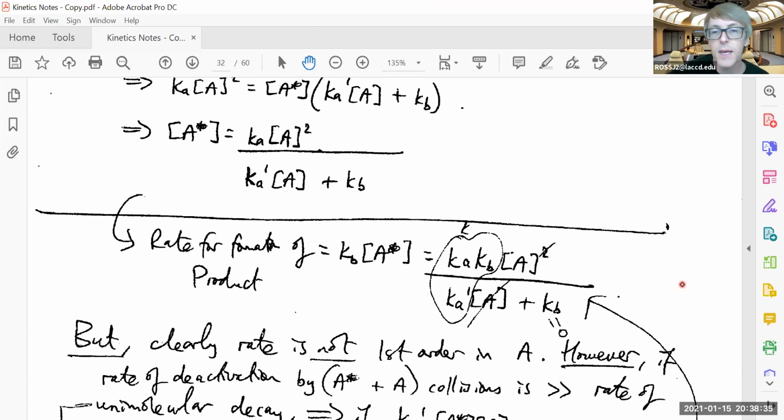The problem is we could get away with combining all of these K constants to give a brand new K. Here it's kind of squished in a bit, but this collection of rate constants could just be its own unique rate constant K. And I have an A in the denominator, which could cancel one of the A's in the numerator.